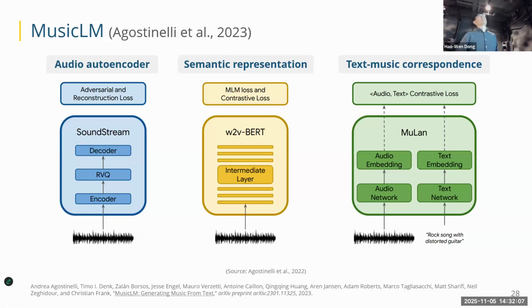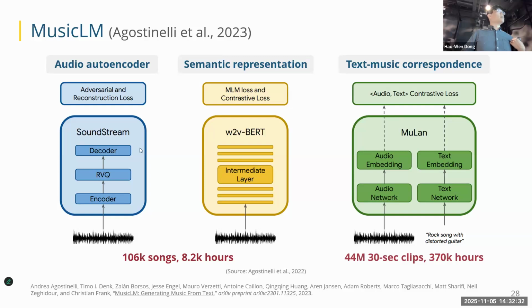Now you are basically training a contrastive model that we will talk about later, but basically you are scoring how close your audio and the text are, how relevant they are, or text to music correspondence modeling, basically.